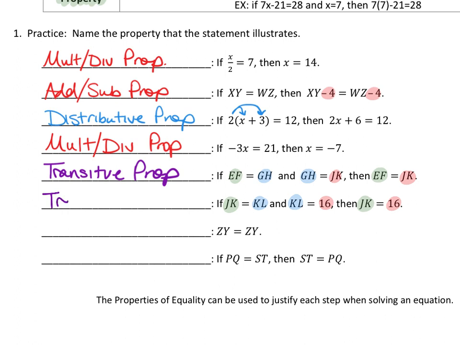We're going to actually give this one 2 properties because we can definitely use the transitive property to make this argument, or we can also use the substitution property. Because if KL is 16, then I can just substitute 16 right here for KL, and JK would be equal to 16. So both of those are fine. They're both good reasons for that to exist.